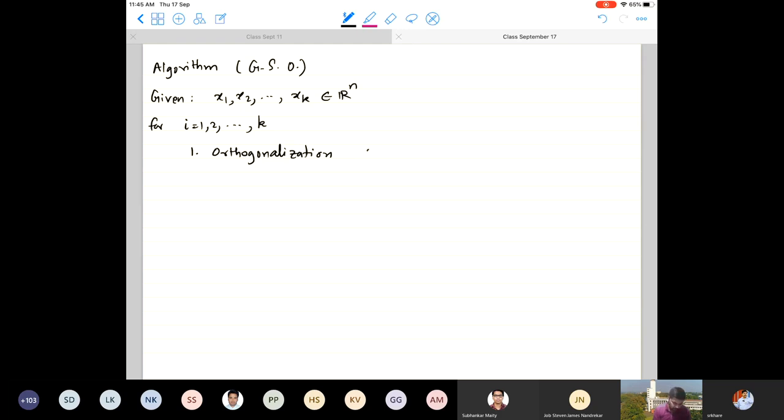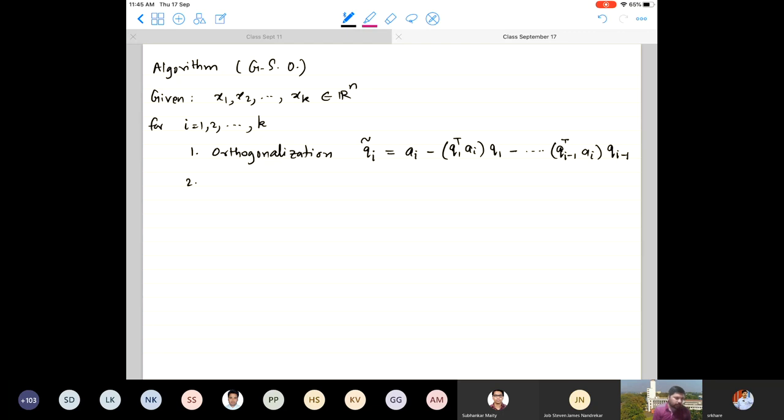So you write down qi tilde to be equal to ai minus q1 transpose ai into q1 minus and so on and so forth, minus qi minus 1 transpose ai into qi minus 1. Okay, that's what you do.